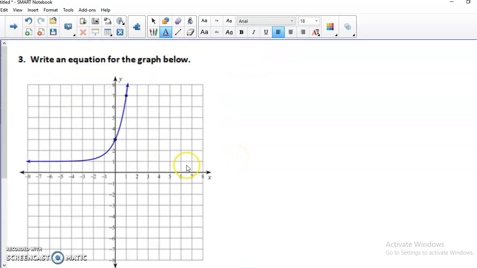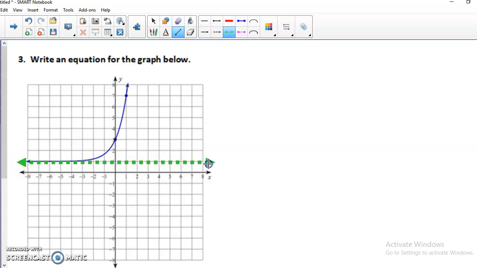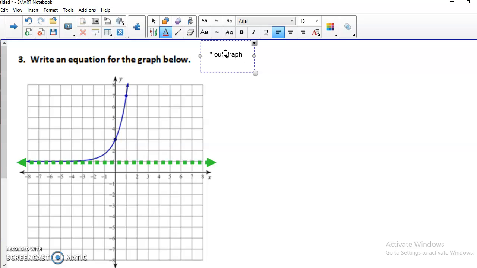For number 3, it's very similar, except on this one you notice something different than the last one. We no longer have a y-intercept at 0, we have a y-intercept at 1. And this indicates that our graph from the original shifted up 1.